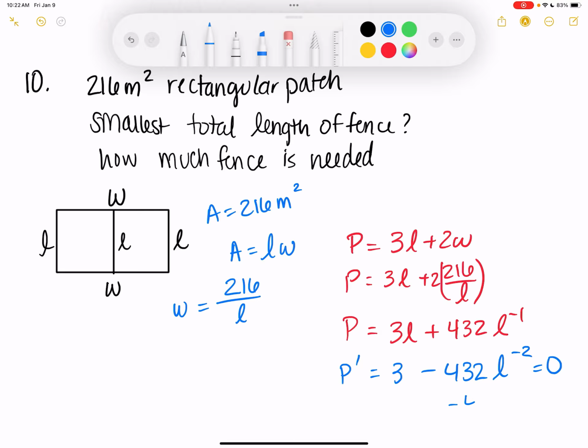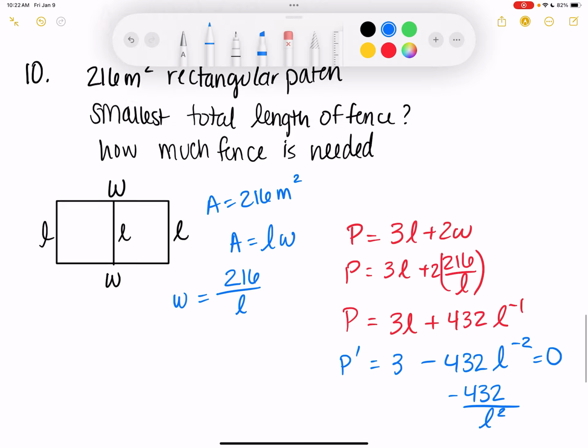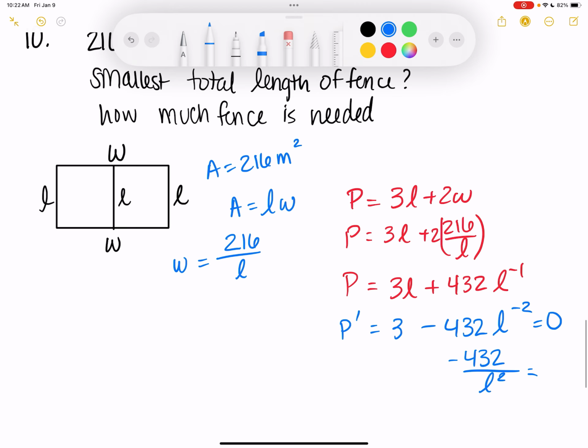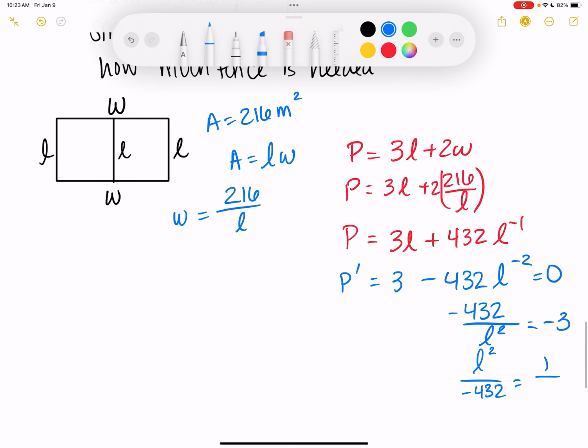So negative 432. I'm going to go ahead and write this now as L squared on the bottom, just so that as far as solving it, I can look at it a little bit easier. But equals negative 3. I'm going to flip this over so that I get the L on top. So I'll have L squared over negative 432 equals 1 over negative 3.